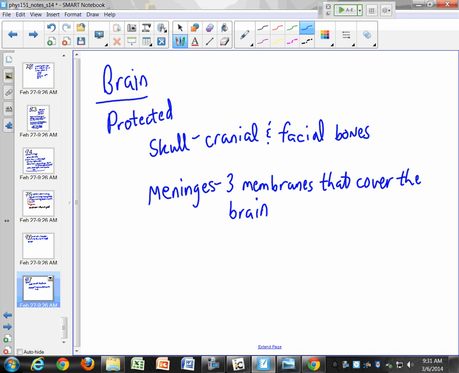And then there's something called CSF. These meninges contain CSF. CSF is, you'll probably know this, cerebrospinal fluid.